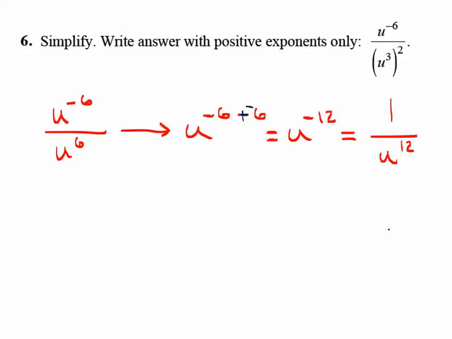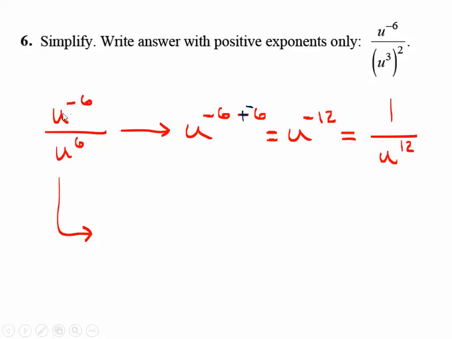Okay, I want to show you also that these exponent rules, you don't actually have to follow one particular pattern. You can get to the answer in a different way as well. And this is a pretty good illustration here. So notice if we start off with u to the negative 6, u to the 6.